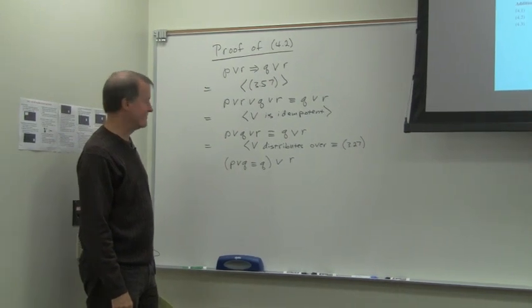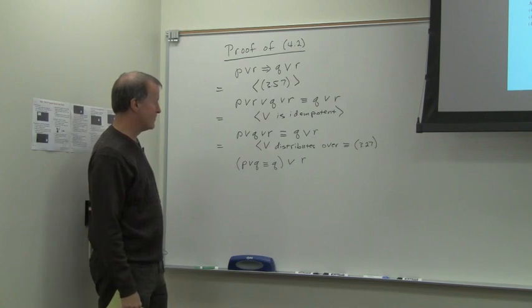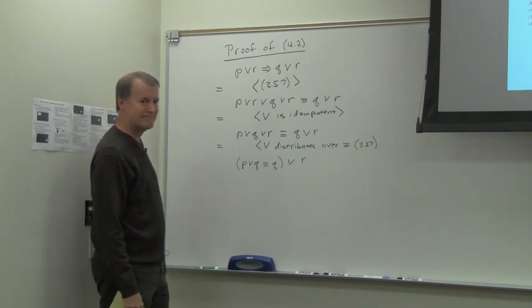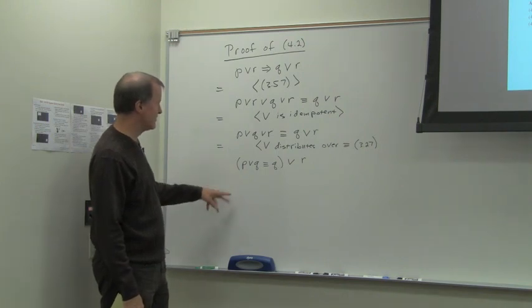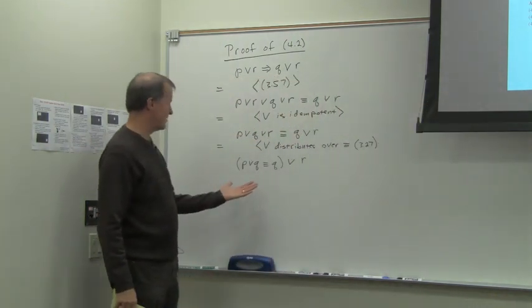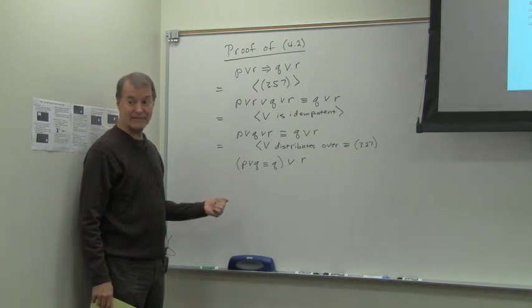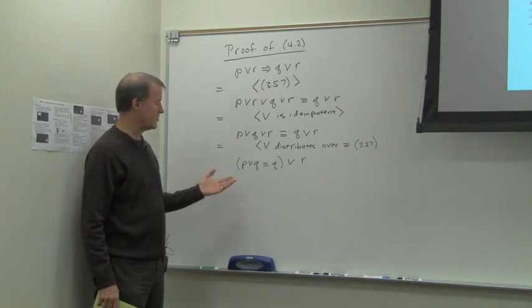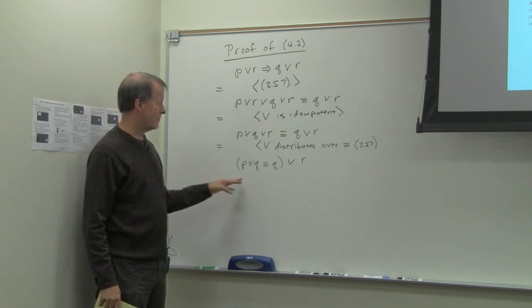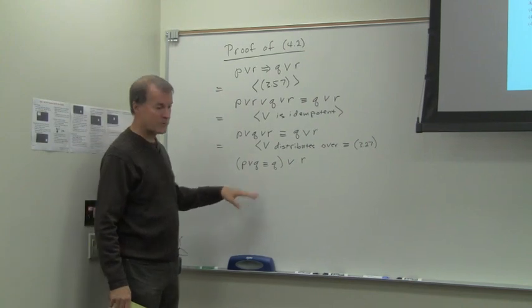Okay. Does anybody see what we should do now? What are we trying to get this to? We're trying to get this to P implies Q. Does anybody see anything here? I think we should use an implication, as in P or R equals Q turns into P implies Q. Which one is that?